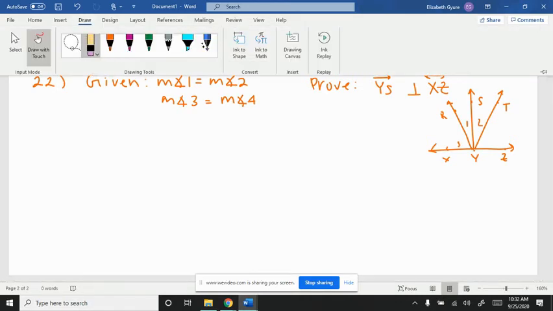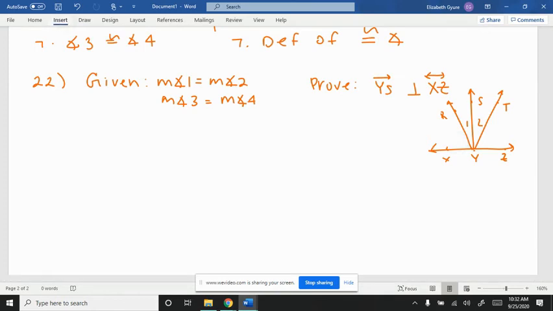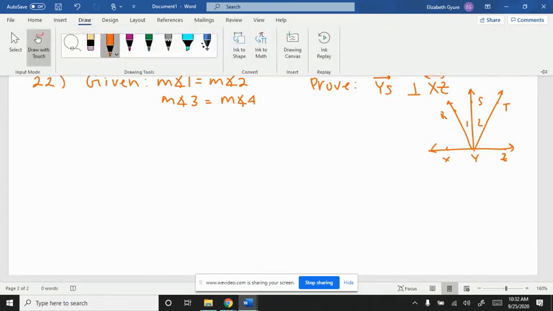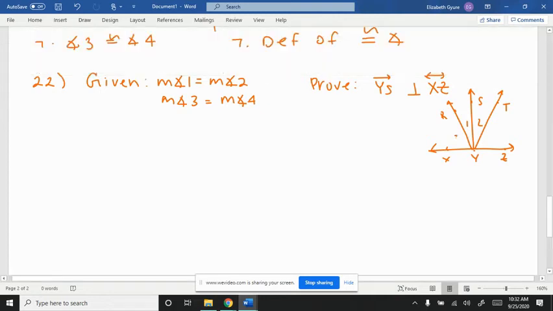So what makes this one kind of tricky is that I'm trying to prove that I have perpendicular lines, right? Which means I need to make what kind of angle? A right or a 90-degree angle, right? But am I given that anybody's complementary or anything like that? No, and that's what makes this challenging, okay?